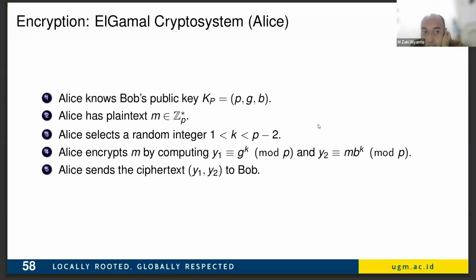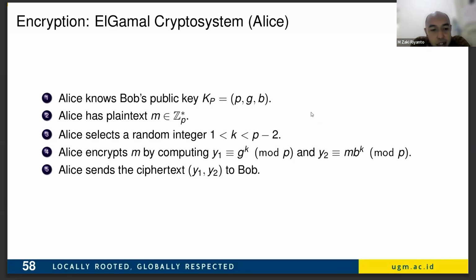And the second process is encryption, conducted by Alice. Okay, Alice knows the public key from Bob, that is P, g, and B, and then Alice chooses a plaintext M, and Alice selects a random integer k.